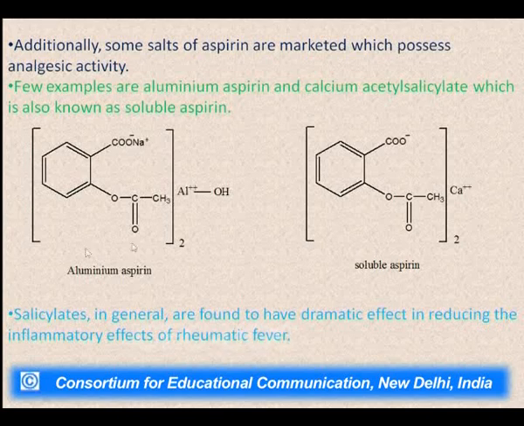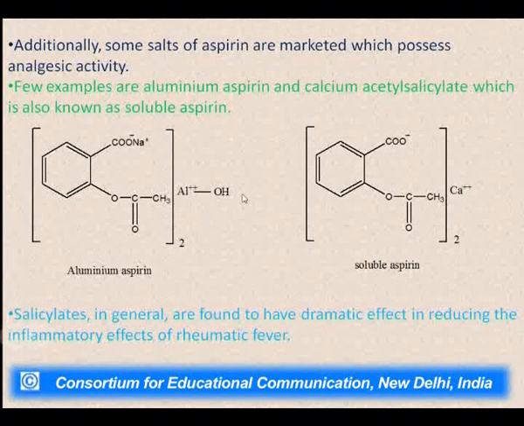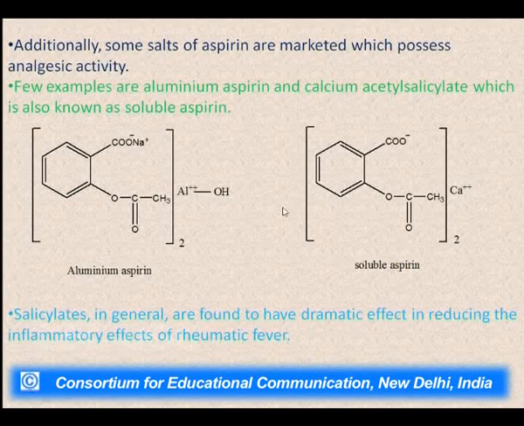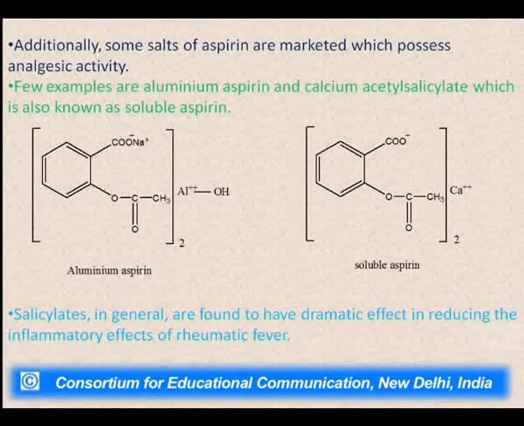Here we have shown you the structure of aluminium aspirin. This is the aspirin salt complexed with aluminium hydroxide, and this is calcium acetyl salicylate, which is also known as soluble aspirin. Although aspirin is insoluble in water, when it forms a salt with calcium, it becomes soluble aspirin.